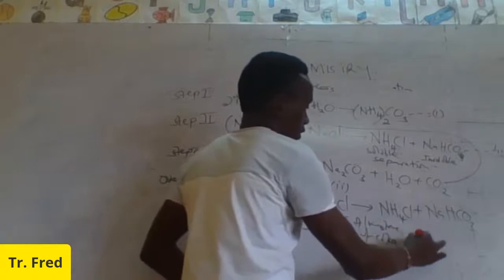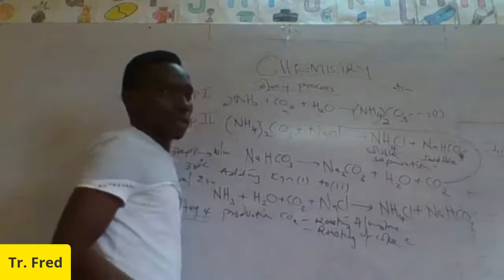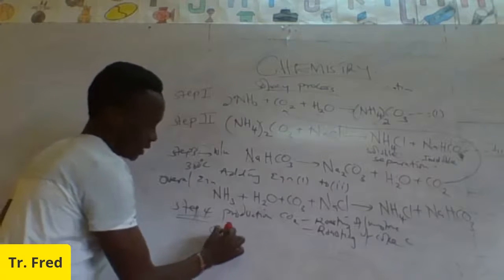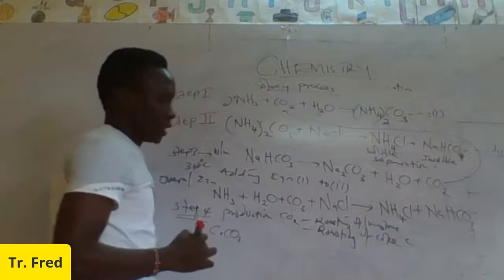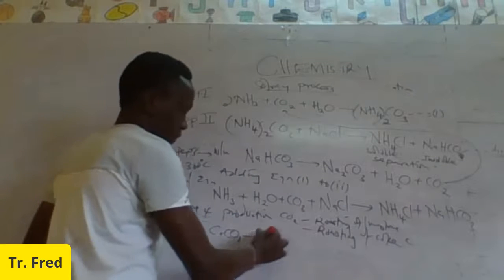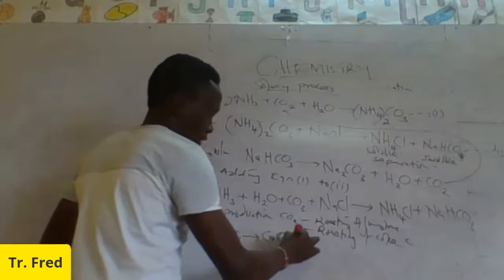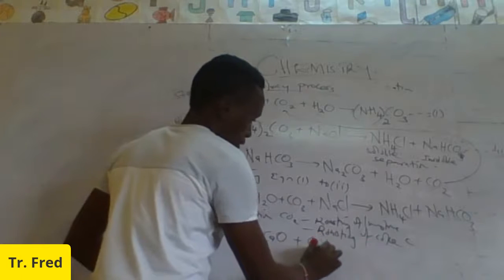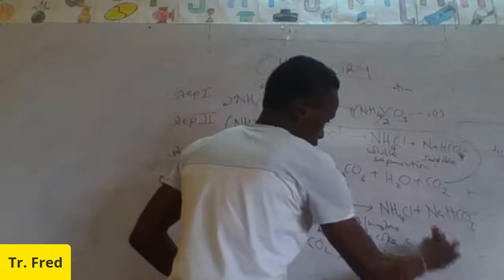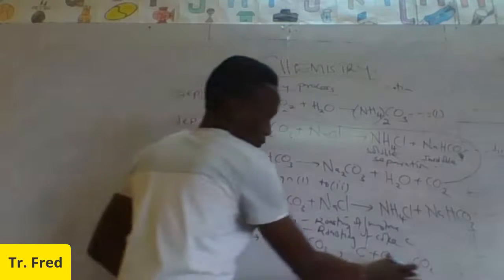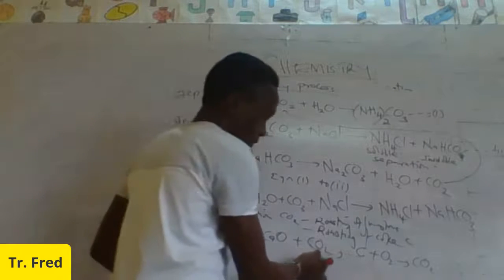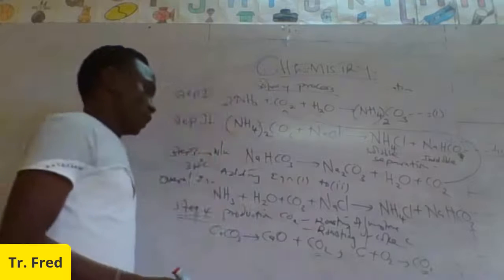Remember, coke is carbon. Limestone is calcium carbonate, and when heated at a temperature of 1000 degrees Celsius, you get calcium oxide and some carbon dioxide. Then the other one is carbon reacting with oxygen to form carbon dioxide. These are the 2 primary processes which lead to the formation of carbon dioxide used in the process.